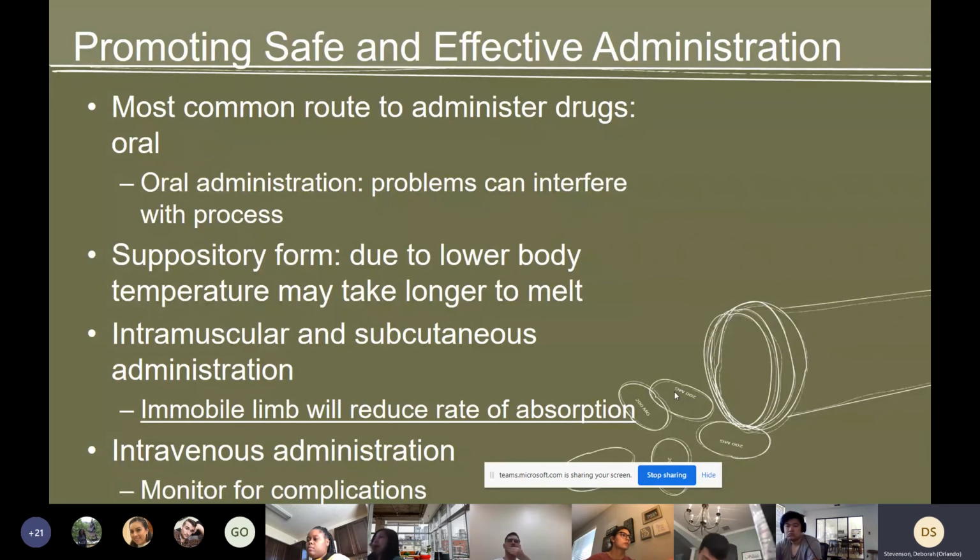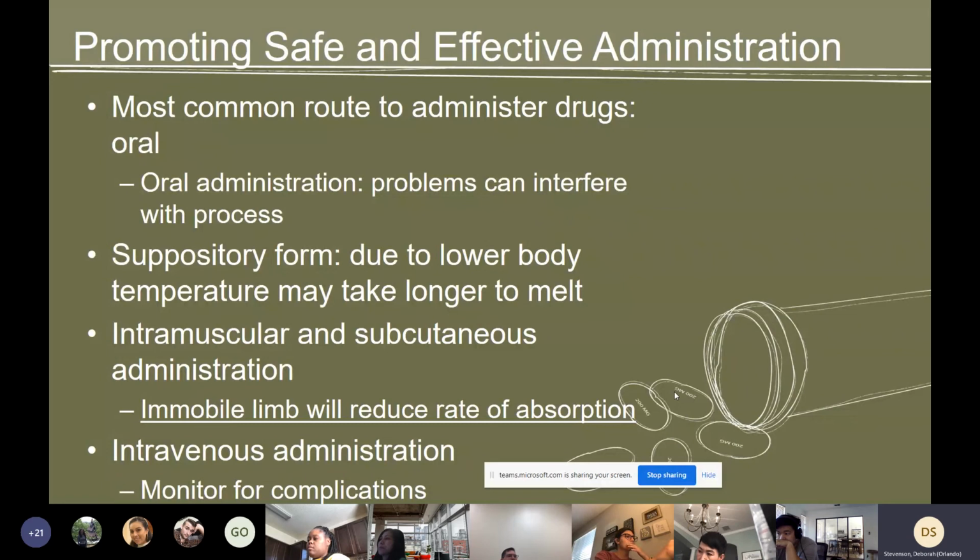And of course, anytime we give IV or IMs of any form, really, it could be a problem because of the subcutaneous fat. Number one, subcutaneous fat on the older adult is much less, so we have to make sure we're in the sub-Q and not in the muscle when we're giving our medications.